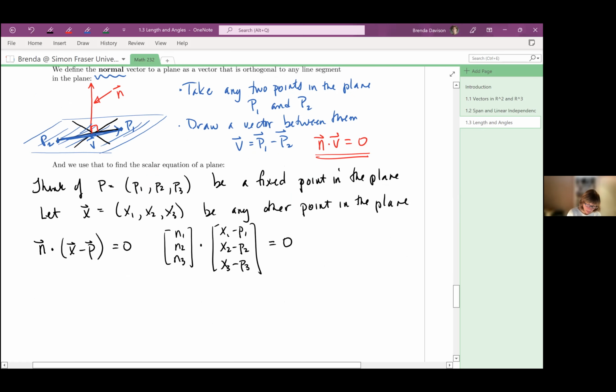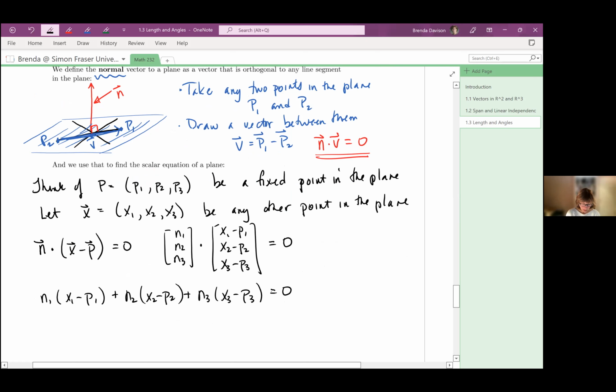Let us write that dot product out. The dot product is a scalar. It's going to be N1 times X1 minus P1 plus N2 times X2 minus P2 plus N3 times X3 minus P3 is equal to 0.